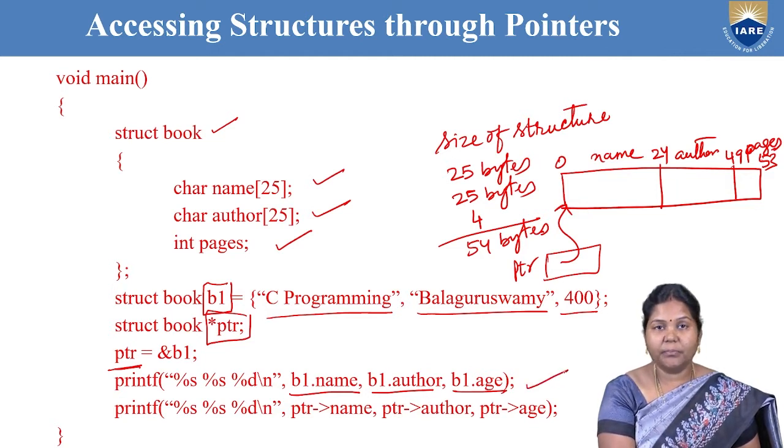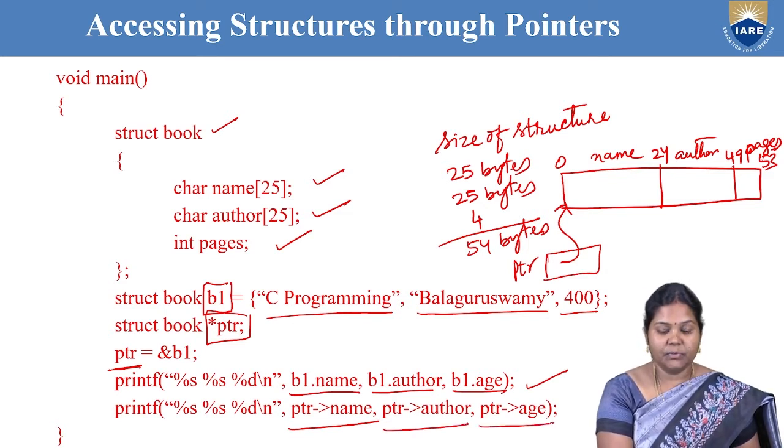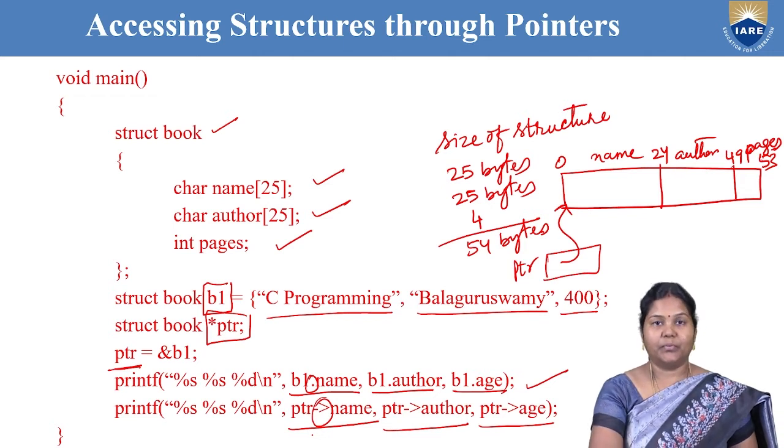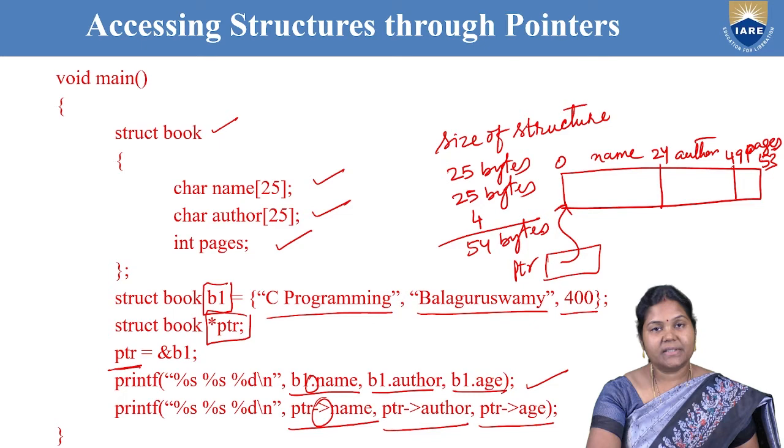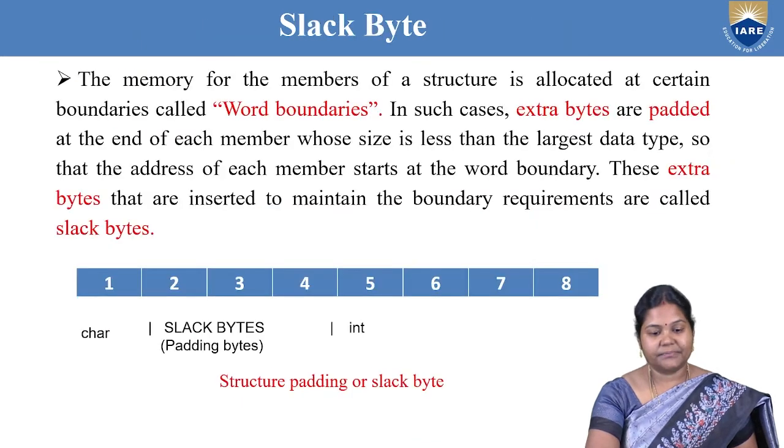But if you are using the pointer, because the pointer already contains the address of the structure, then you have to write ptr->name, ptr->author and ptr->pages. So there is only a difference in the accessing operator. Here you are using the dot operator and here we are using the arrow operator. This way the structure members can be accessed through pointers.